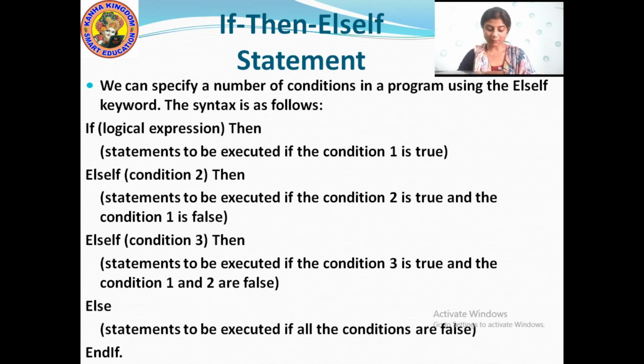If the average of the numbers is greater than 85, the first condition, then it will print grade A. But if the total of the 3 numbers is not fulfilling the first condition, then it will come to Else, the second condition: greater than 75, print grade B. But if it is also not fulfilling the second condition, it will come to the third condition, Else, greater than 65, it will print grade C.